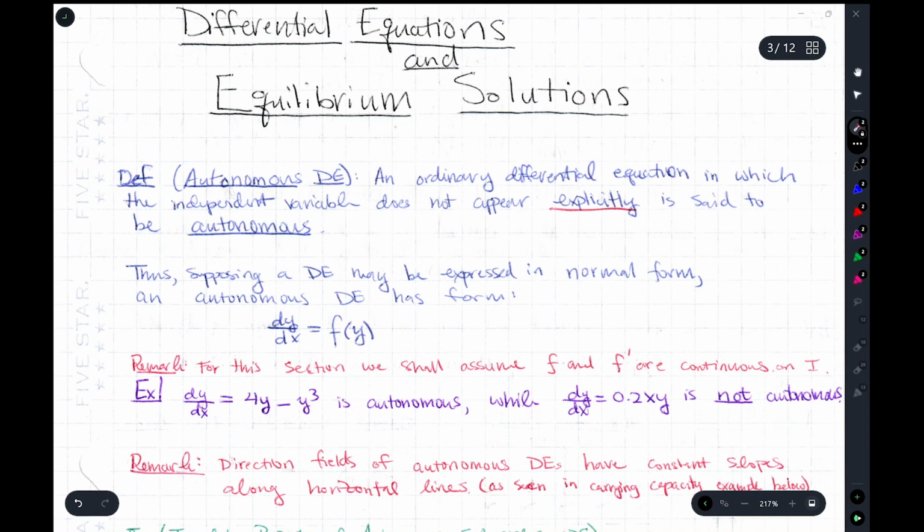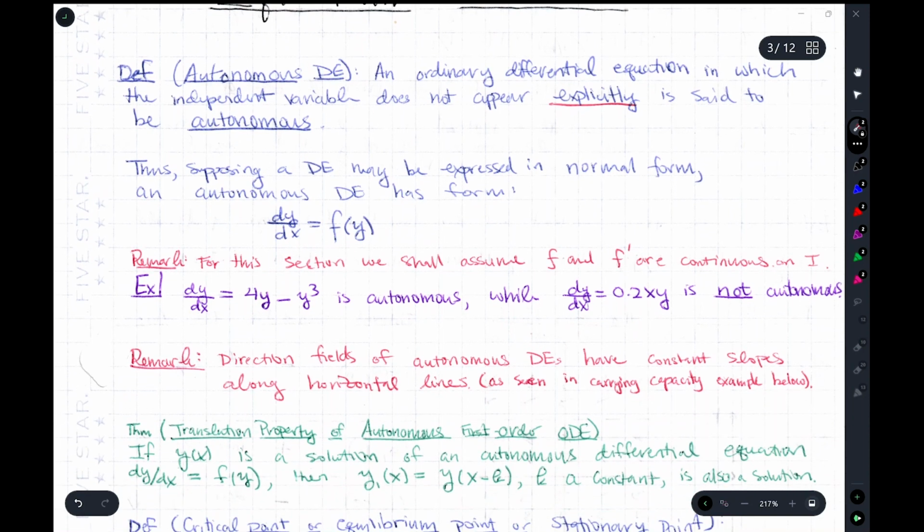Okay, now y does depend on x. It's a solution, right? It's the dependent variable, and so we're going to get solutions y of x. Nevertheless, on the right-hand side there, you won't see an x. Okay, you only see y's.